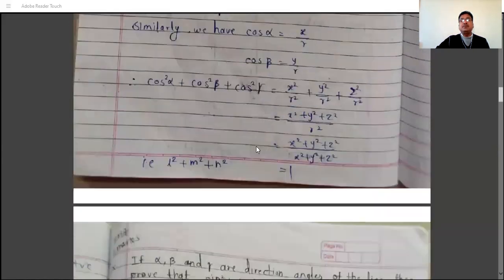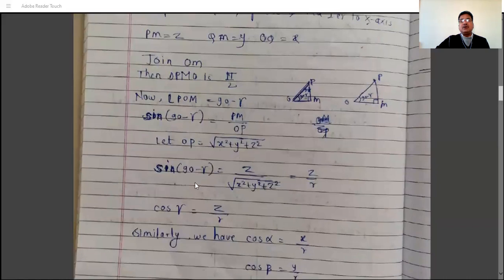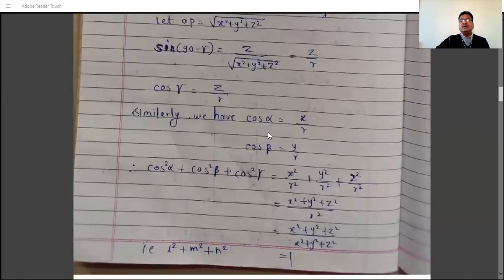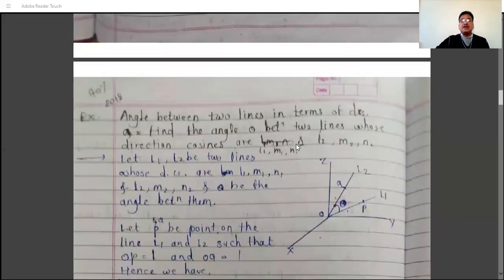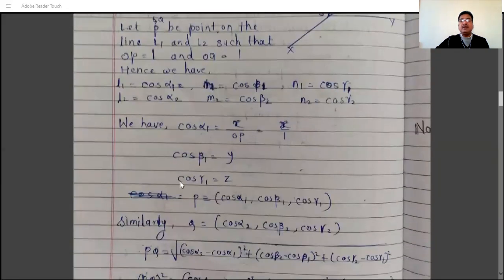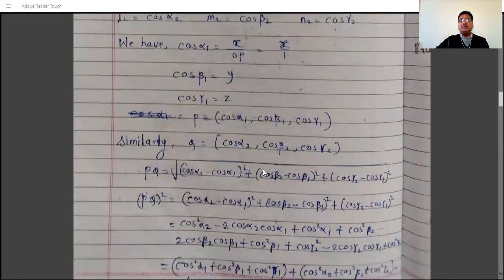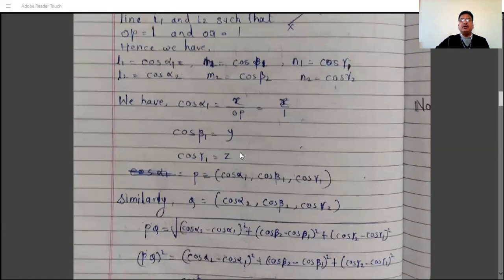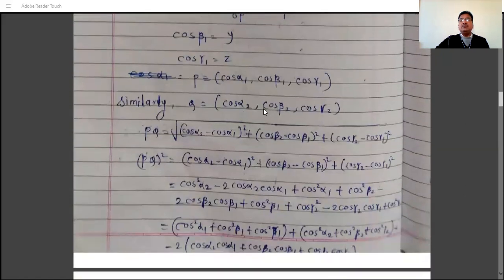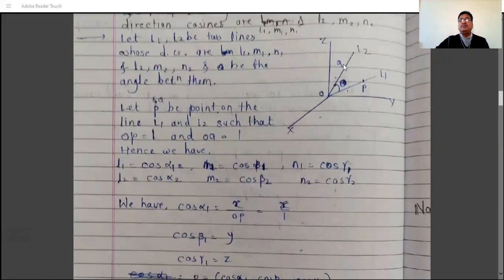Using the previous proof, cos alpha is x divided by OP, and OP is 1, so cos alpha 1 is x, cos beta 1 is y, cos gamma 1 is z, and these x, y, z are the coordinates of the point P. Therefore the coordinates of the point P are cos alpha 1, cos beta 1, cos gamma 1. Similarly, the coordinates of the point Q are cos alpha 2, cos beta 2 and cos gamma 2.